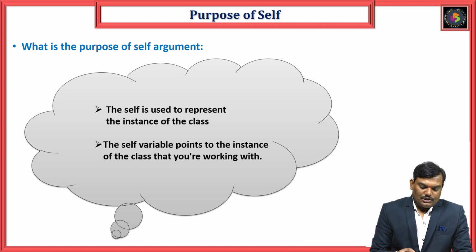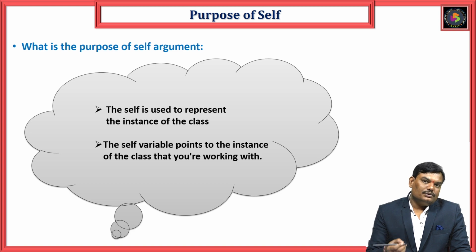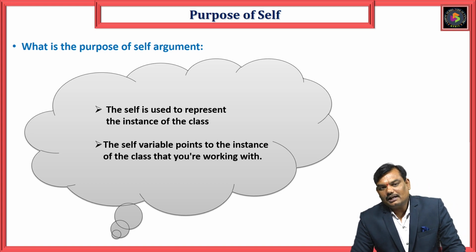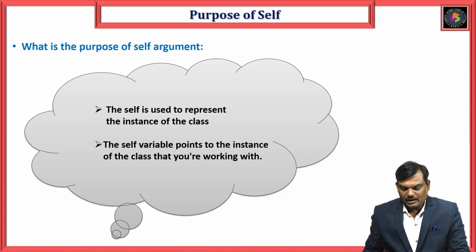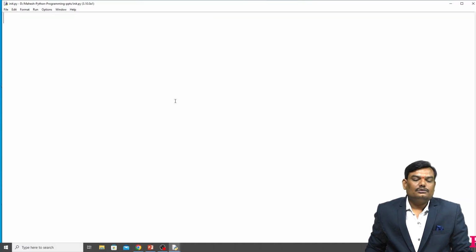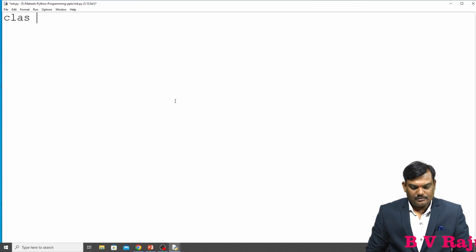Now we will try to use this initialization method and write code showing how to make use of this method inside a class. We'll see one example of this by implementing the code. To make use of the init method, we define a class. We'll define a class called demo. Right?